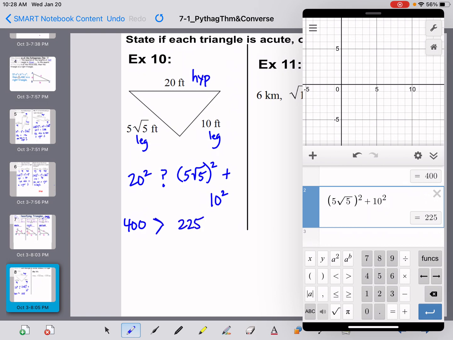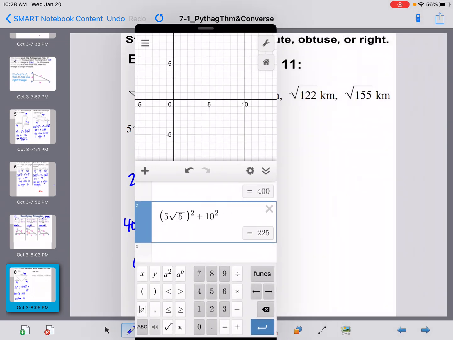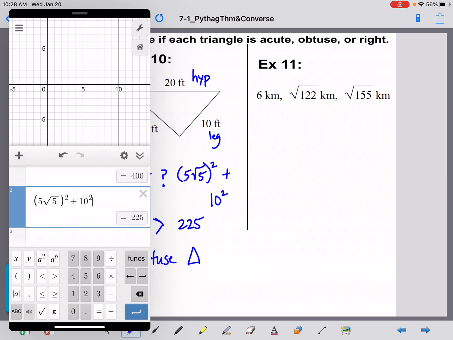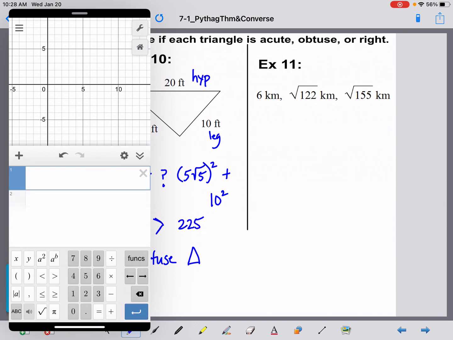Greater than. And greater than symbol means this is an obtuse triangle. That's all there is to it today, ladies and gentlemen. All right, my next example, I do not have a sketch, and I have two radicals going on. I have no clue which one's bigger.